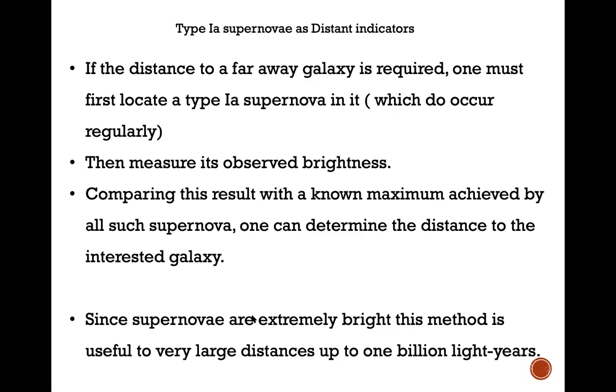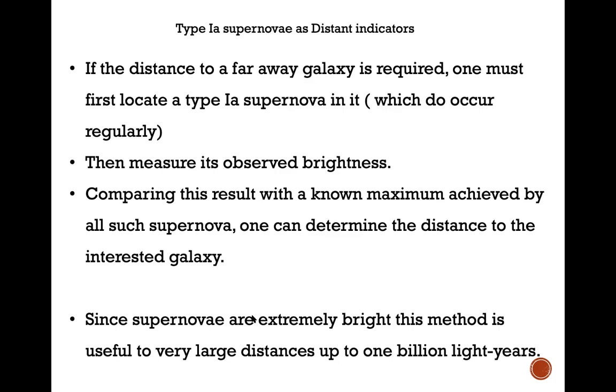And then, comparing this result with the known maximum achieved by all such supernovas, one can determine the distance to that galaxy. This is because these type 1A supernovas have certain characteristics, right?